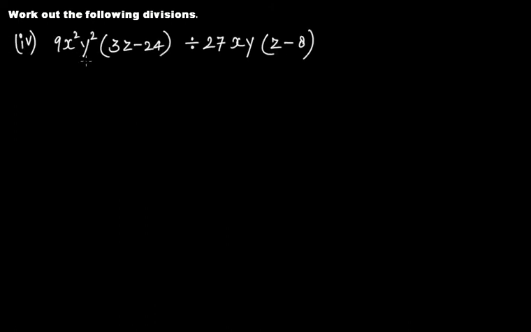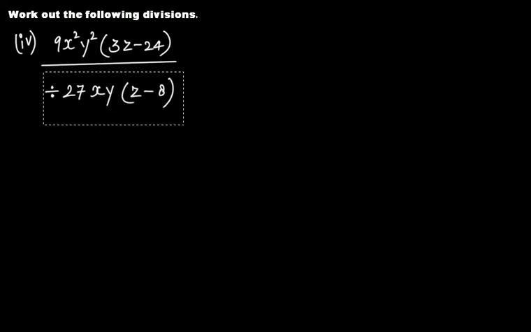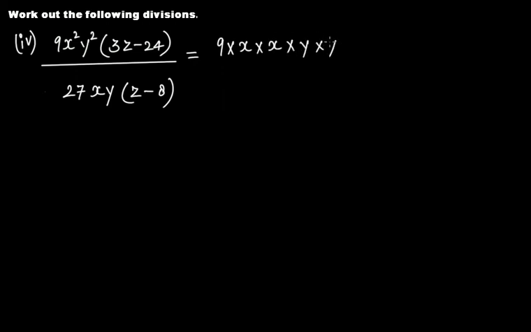In this case, this is 9x squared y squared multiplied by 3z minus 24 divided by this number. Now this can be written as 9 multiplied by x squared, or we can write this as 9 multiplied by x multiplied by x multiplied by y multiplied by y.